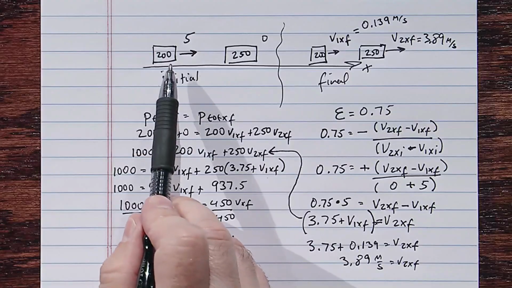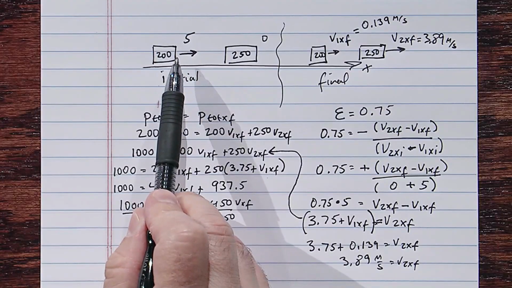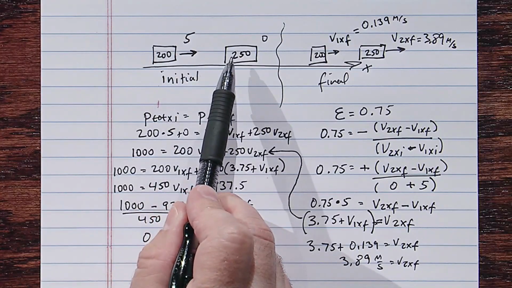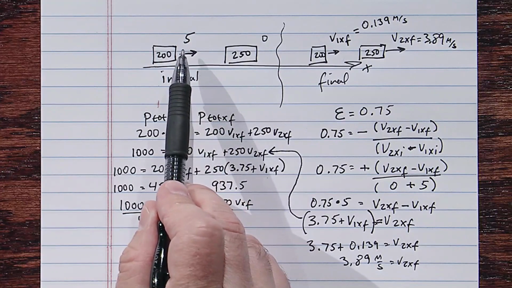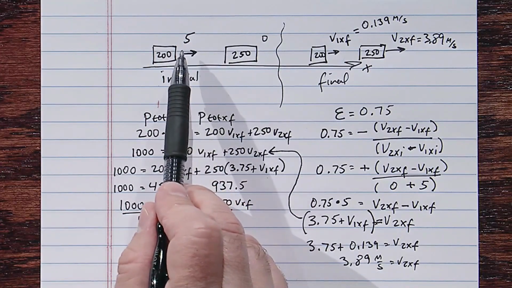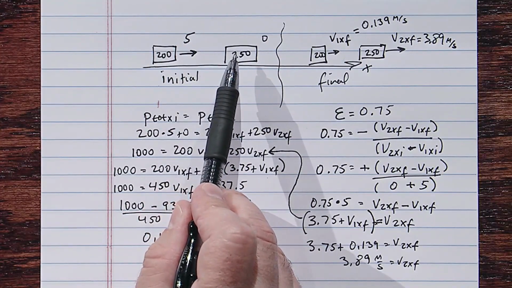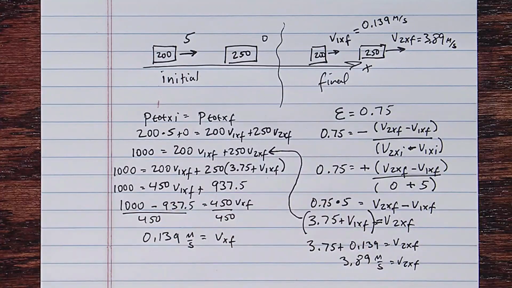To do that, we're going to consider the exchange of momentum between car 1 and car 2. Car 1 is moving at 5 meters per second, and it collides with car 2 at 0 meters per second, and car 1 exerts a force on car 2 and gives car 2 momentum.